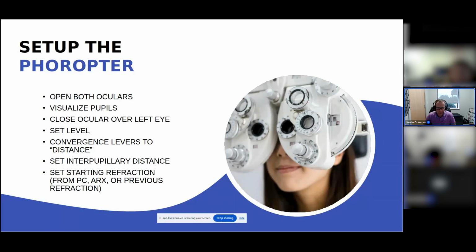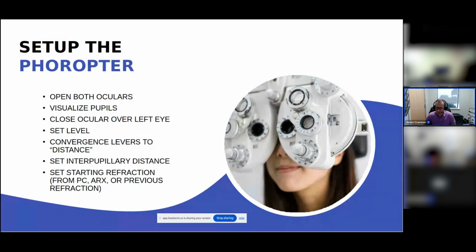Make sure the convergence levers are set to distance. And you also want to set the interpupillary distance. If you know it, you can put it in. There's a scale on the phoropter, but for the most part, you're just going to move the oculars inward or outward so that the patient can see well through both.